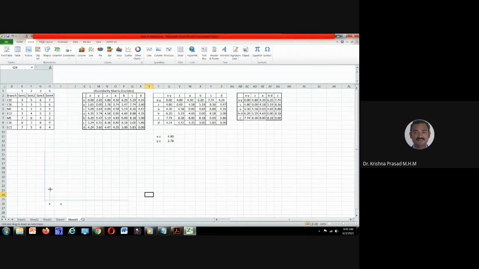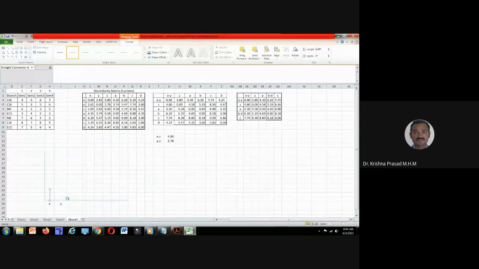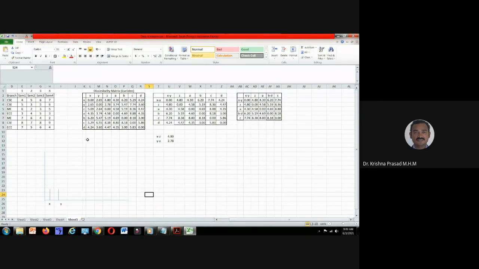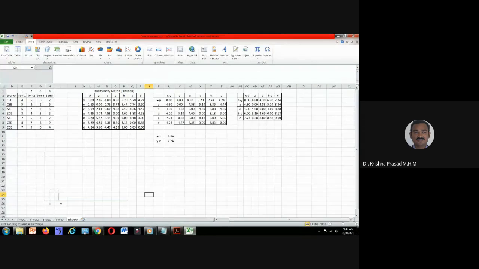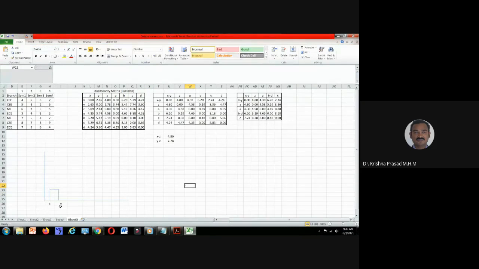Don't worry, 2 cells random. This is the cluster formed, right? Okay, X to Y. Next, at 2.65, I will put value 2.65, no problem.